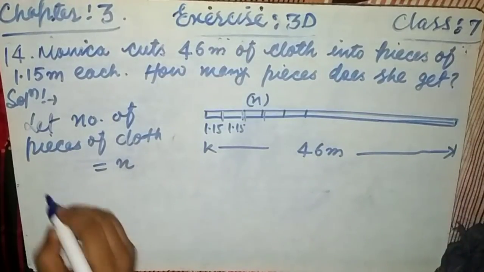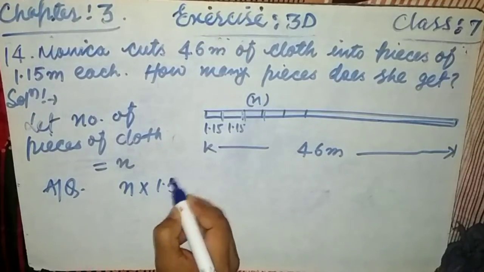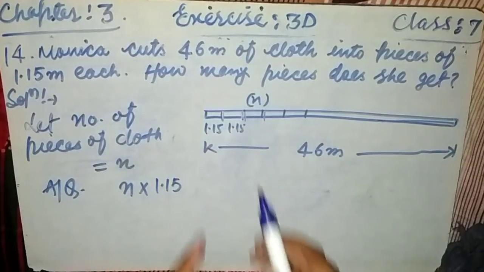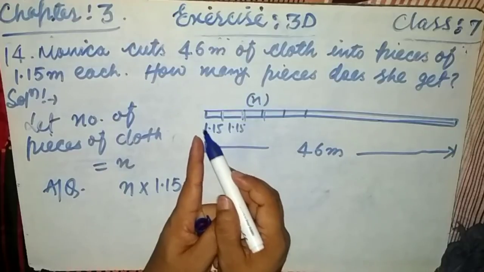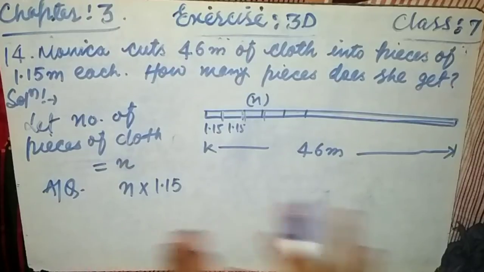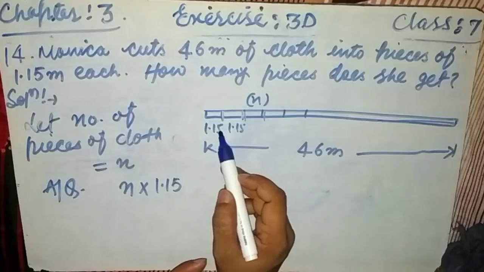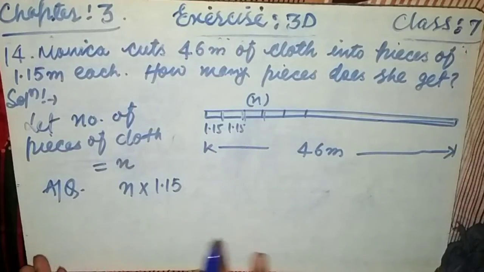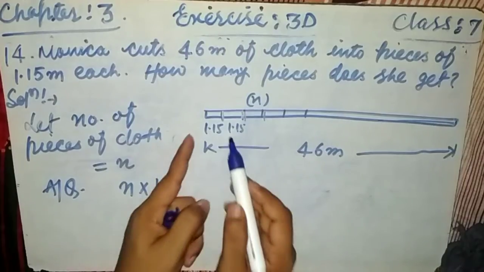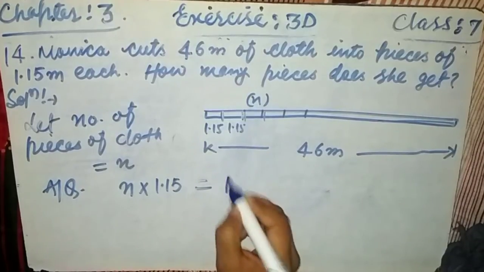According to the question, n multiplied by each length. Look at it once again: the length of each piece is 1.15 and we have considered n as the total number of pieces. If you multiply the total number of pieces n with the length of each piece, then this will give us the total length of the cloth, 46 meter.